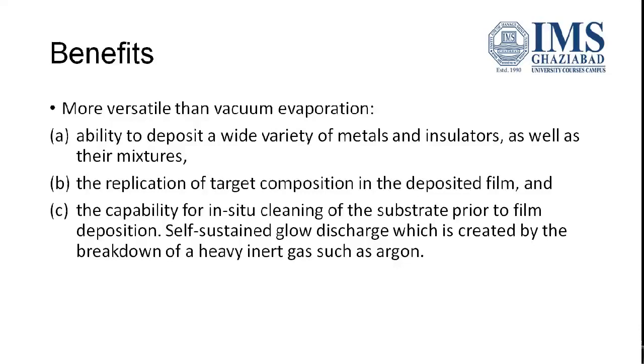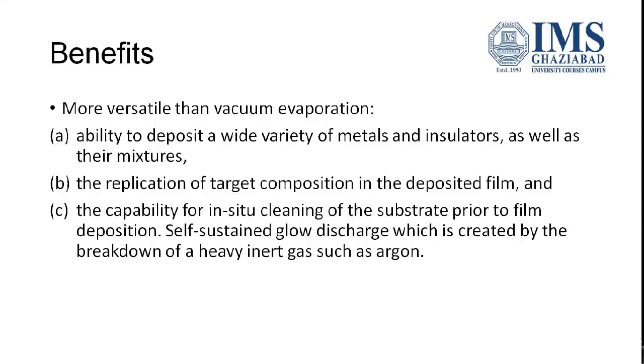The benefit of physical vapor deposition compared to vacuum evaporation is that a wide variety of metals and insulators can be deposited, as well as mixtures. The replication of the target composition in the deposited film is good, and in situ cleaning of the substrate prior to film deposition can be done.